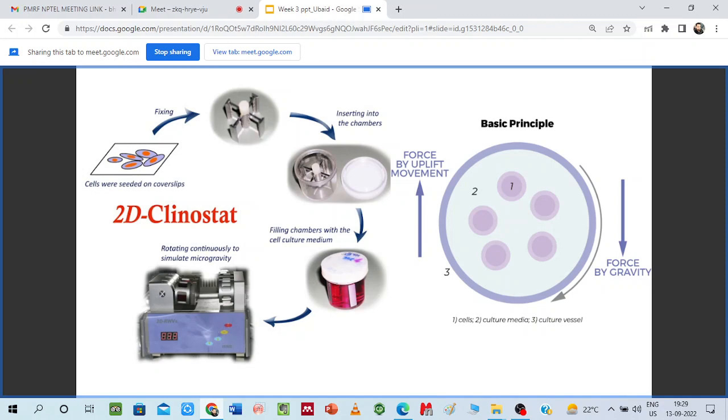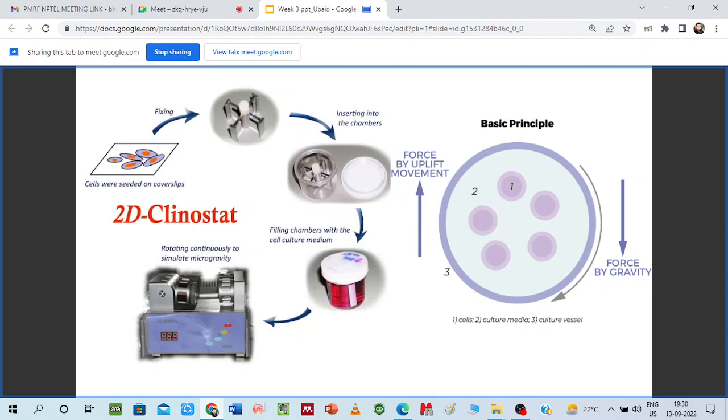So can anyone tell me why we need to grow the cells in the clinostat? What is the purpose? If we are culturing the cells in the clinostat, we are culturing because we need zero gravity or microgravity conditions to culture these cells.